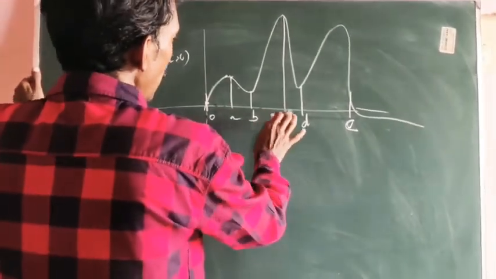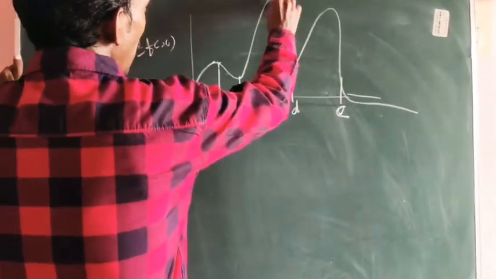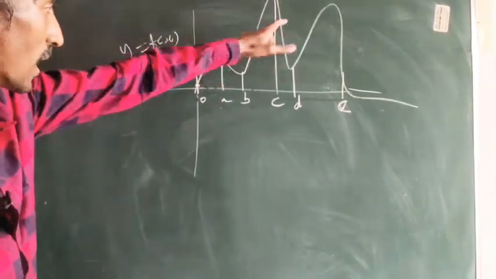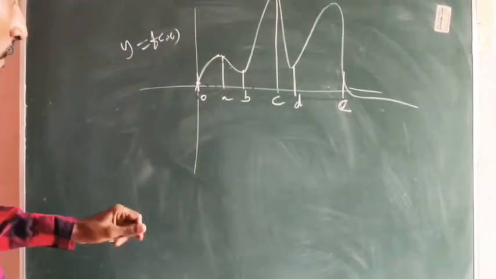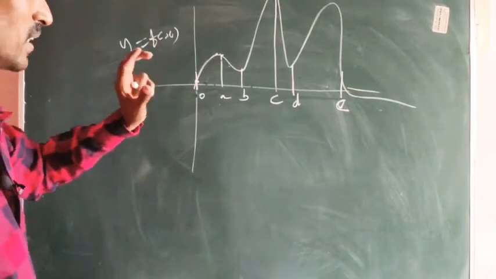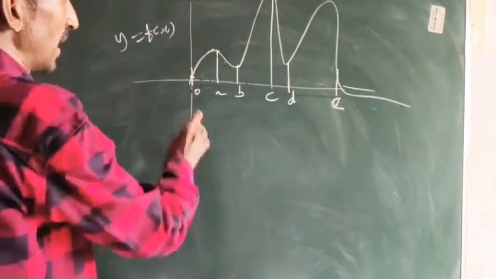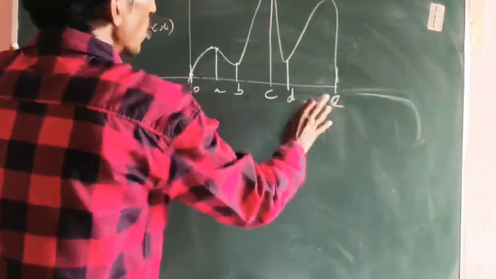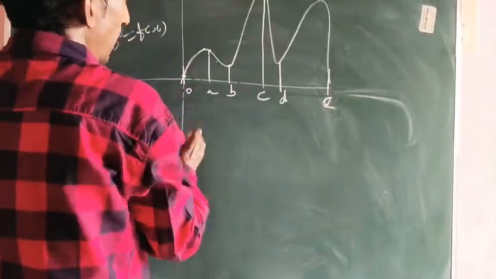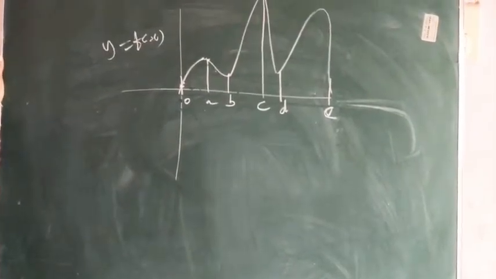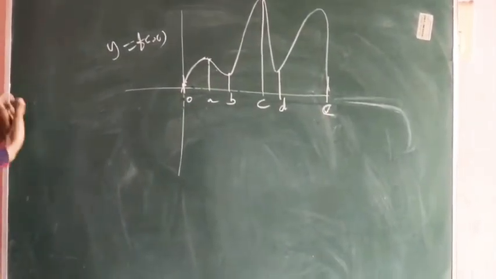And between b and c there is a minimum and there is a maximum. So they are called local extremum. But on the whole curve, if you consider the whole thing from 0 to c, there is a maximum and there is a minimum. That may be considered as the absolute maximum and absolute minimum.